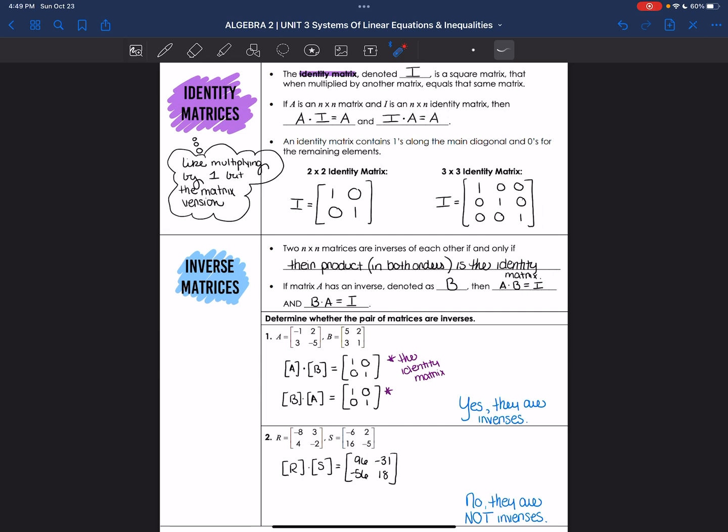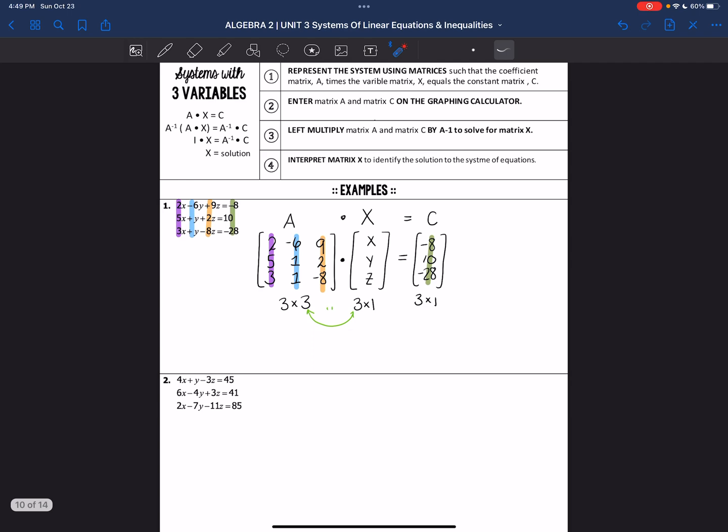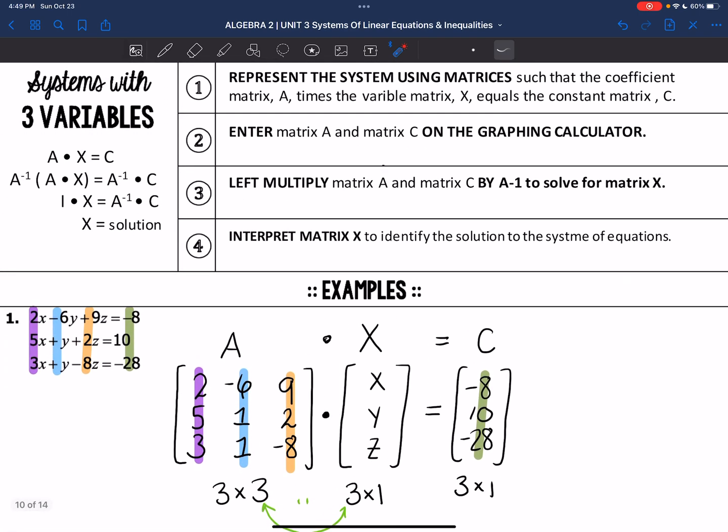Whenever you multiply a matrix and its inverse, it's going to give you the identity matrix. So if I multiply matrix A by its inverse, the result is the identity matrix. But whatever I do on one side, you know how that goes. We must do to the other.